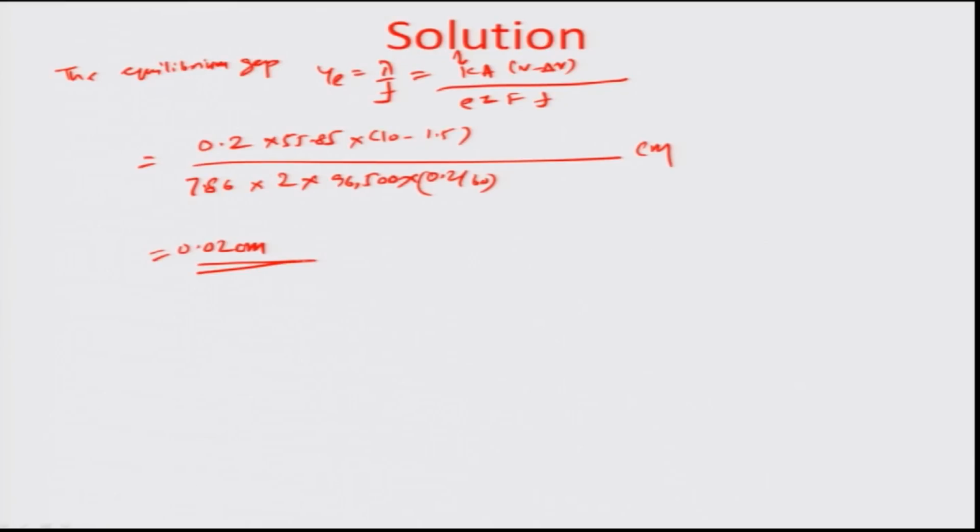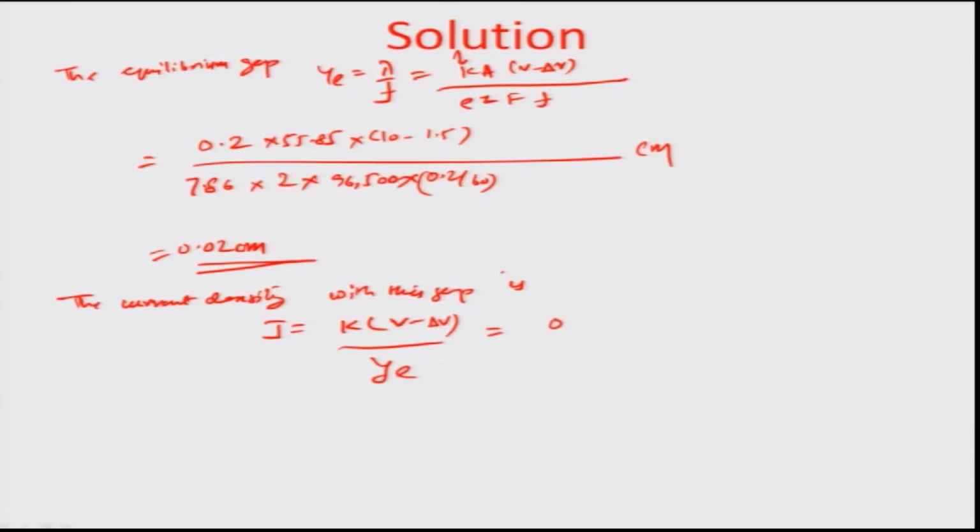And the current density with this gap is going to be J equals K times V minus delta V by YE.